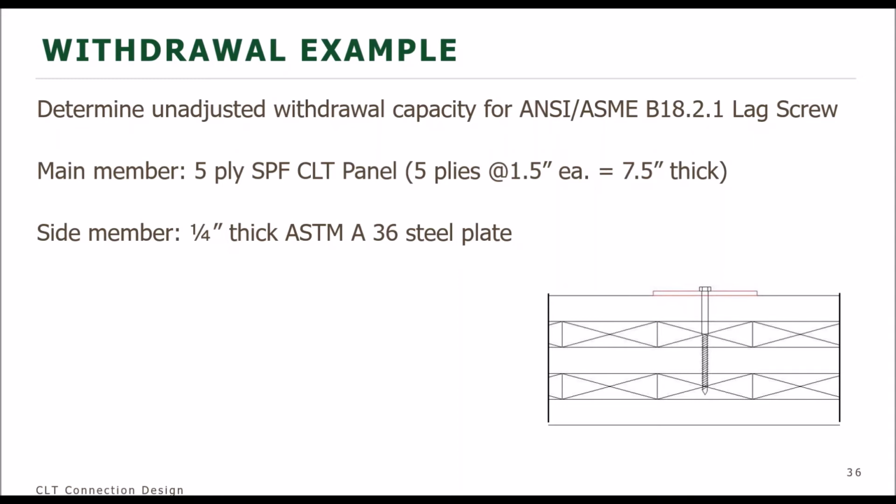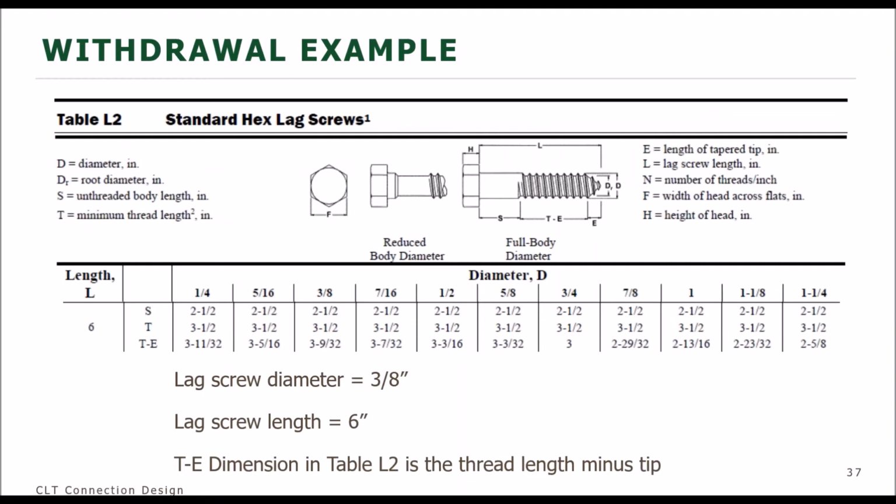When we go into Table L2 in Appendix L in the NDS, we can find our dimensions for a standard lag screw, that's the ASME standard B18.2.1. For today's example, we're going to just use a 3/8 inch diameter screw that's 6 inches long.